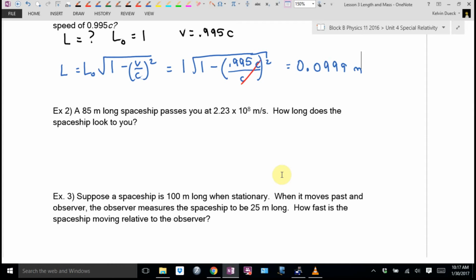How long do you perceive the spaceship to be since you're at rest? Let's see. What's this question wanting us to find, L or L0? L, the moving length. That must mean they told us L0.